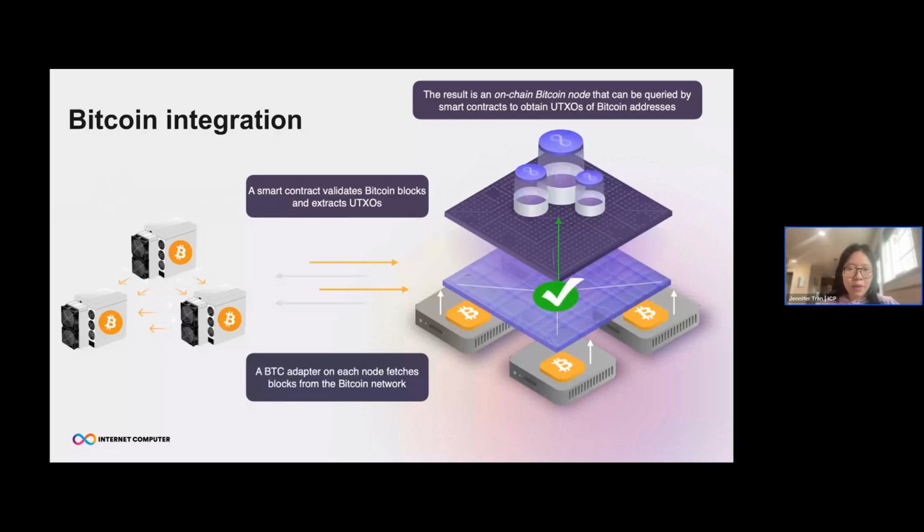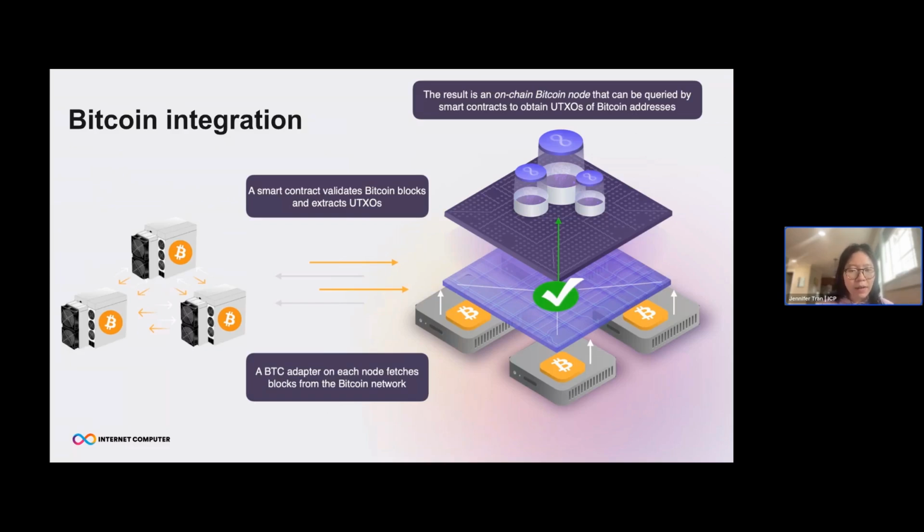ICP itself is a protocol, but we have these individual subnets that you can host your application on. So if you want to interact with Bitcoin, you would interact with this Bitcoin subnet.